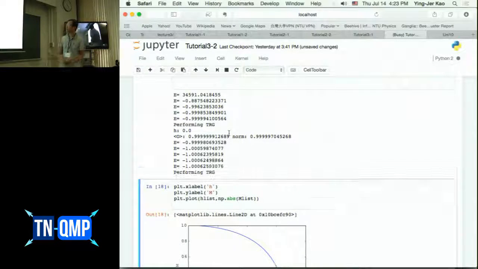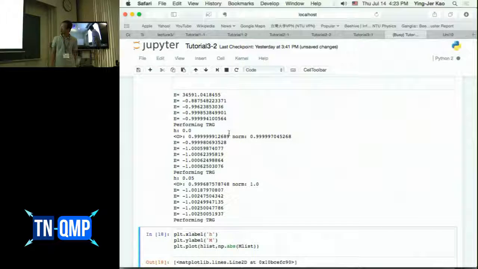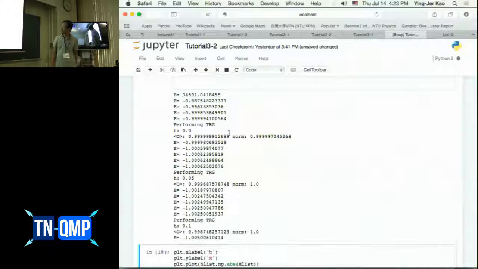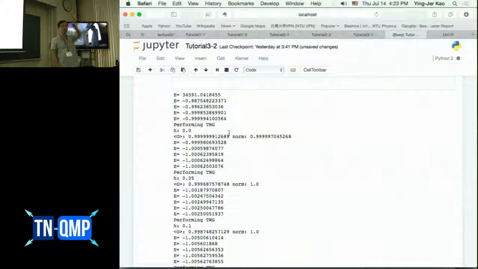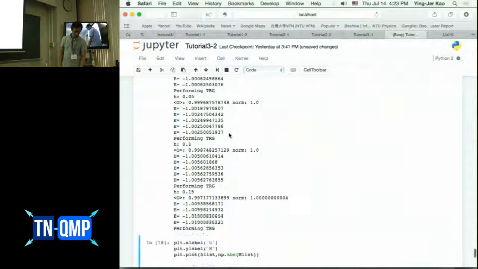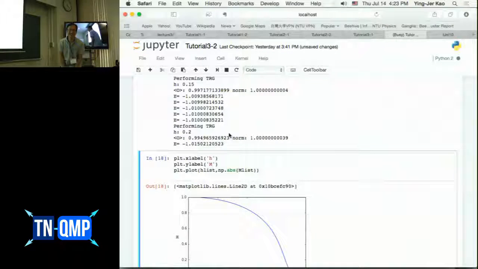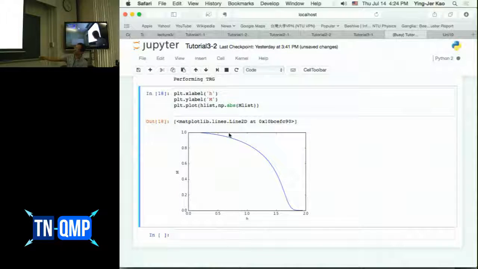This is going to take a while, but it is looping through different transverse fields and getting the energy. Again, there are 2 parts: one part is to get the tensors, and now it's using the tensors to calculate the expectation value. This is slow. And if you do it, you'll get a magnetization curve like this.